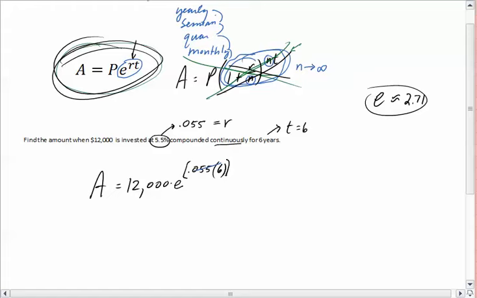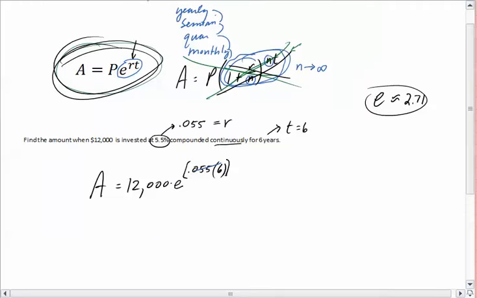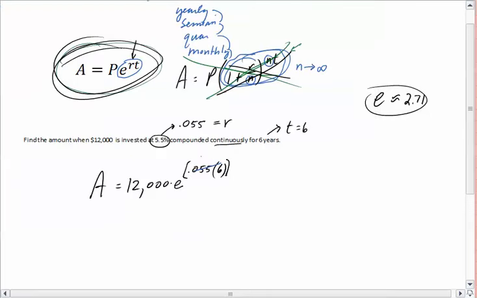So I'm going to go to my calculator and clear it up, and I'm going to say 0.055 times 6. That's my decimal of 0.33. So now I'm ready to put this into the calculator. I'm going to have A is equal to 12,000 times e to the 0.33 power. Alright, let's see what we get.